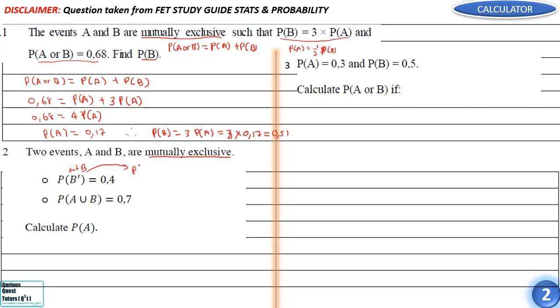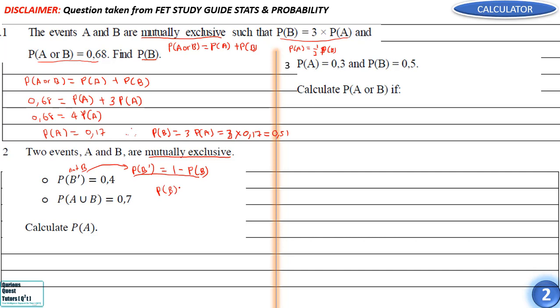So when you are given the probability of not B, we know that 1 minus the probability of B should be the formula. So you should be thinking in those terms. So they want the probability of A or B. And if you think about this, either this formula or the other probability identity formula does not have not B. So this is why you have to immediately try to change that and write using this formula so that you can figure out maybe the probability of B, which you can rewrite as well like this.